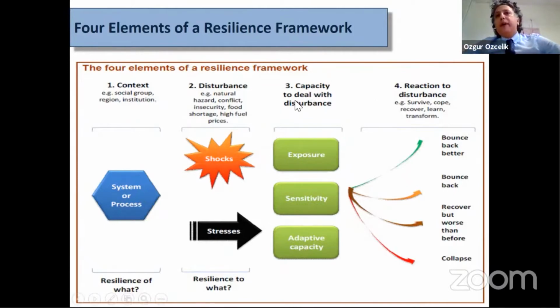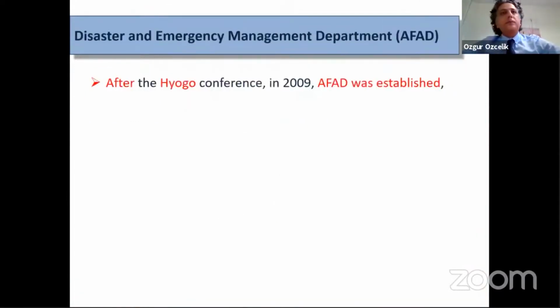Then capacity to deal with disturbance, and that has certain elements: exposure, sensitivity, and adaptive capacity. And the fourth element is the reaction to disturbance. How do you react to that disturbance? You can do this in several ways. You can collapse, you can recover, but worse than before. You can bounce back to the same level, or you can do better than that, bounce back better.